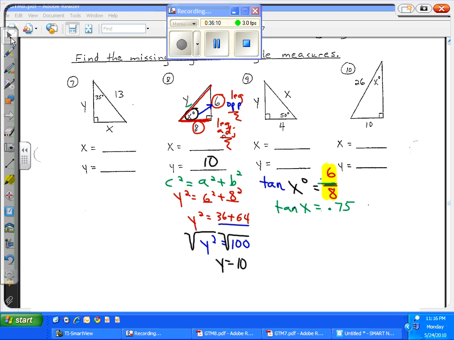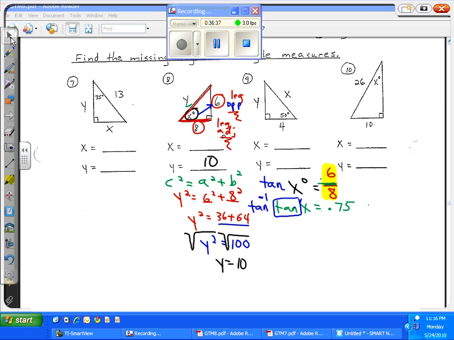Now we need to undo. We're trying to get the tangent function off of the x, just like we'd try to undo addition, undo subtraction, undo multiplication, undo division. We're trying to undo tangent. You undo using inverse properties. So we undo tangent using its inverse, which we call inverse tangent.